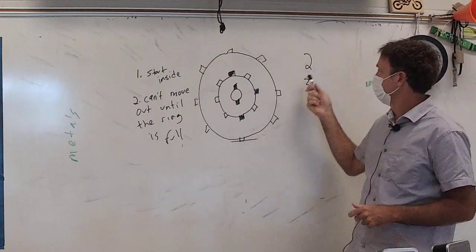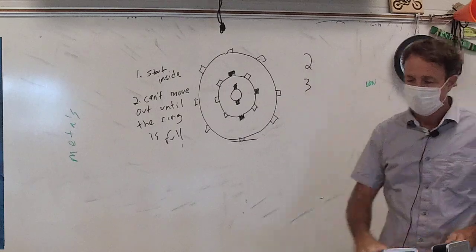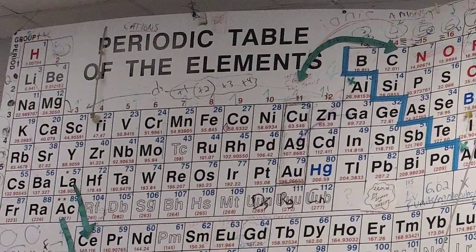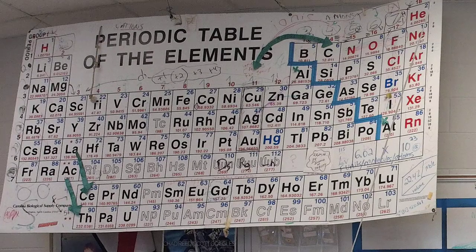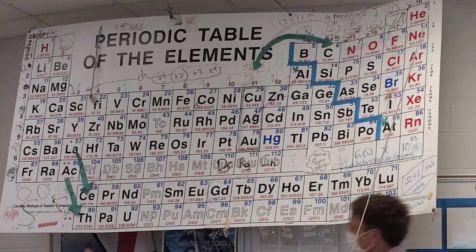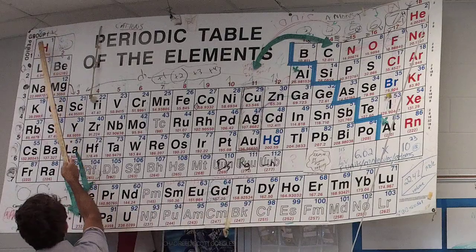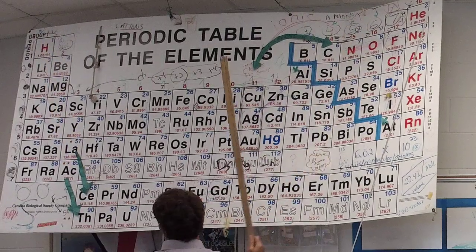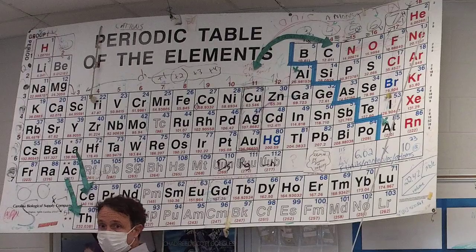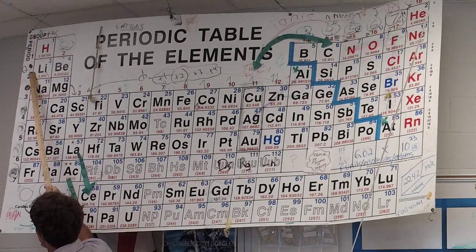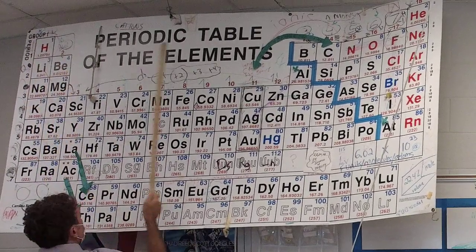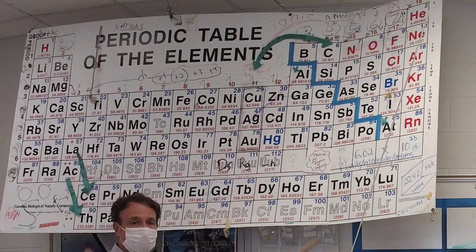And if we look at this, it's 2 and 3. So follow me over here. There's 2, boom, boom, in the first circle. And then in the next circle out, we're down here to the next row, there's 3. 1, 2, boron. 2 and 3 is boron.